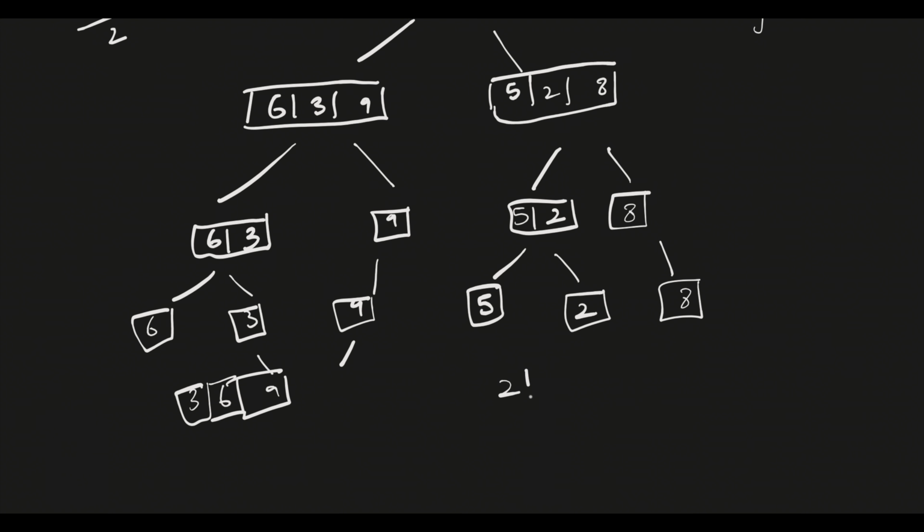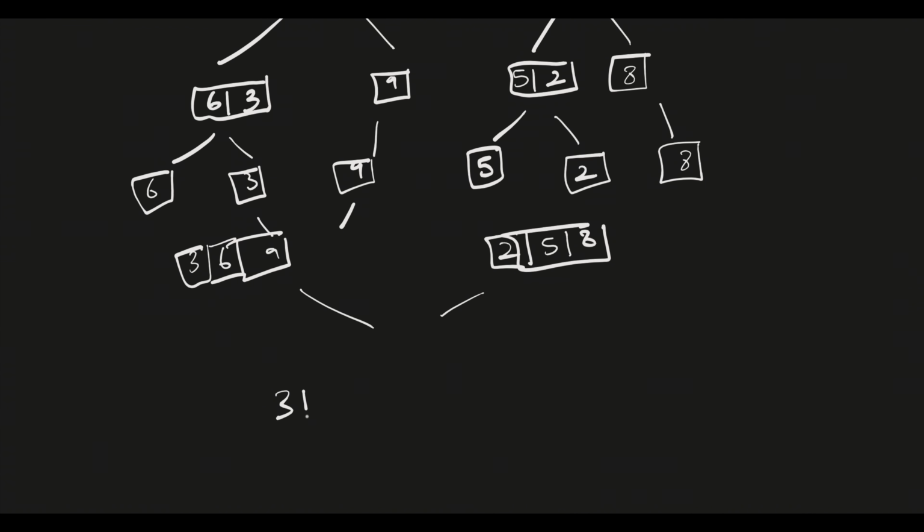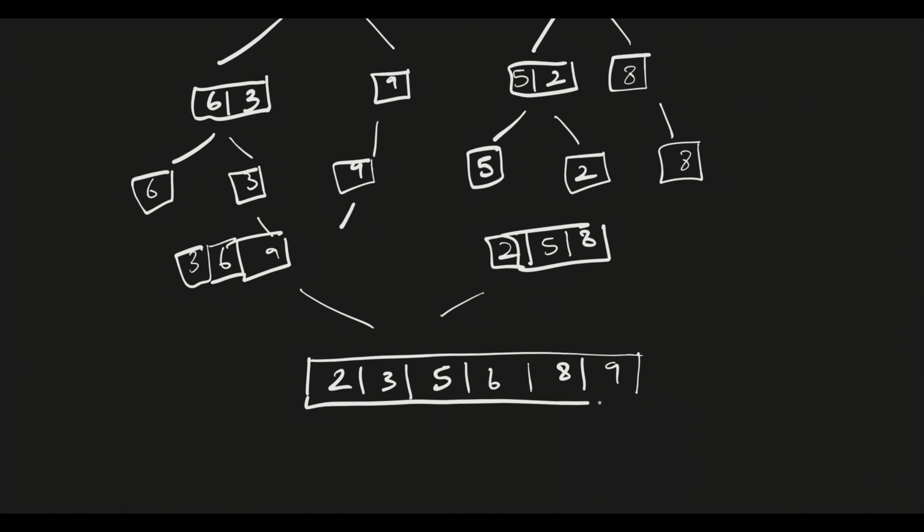Then here 2, 5, 8. Then here 3, 6, 9 and 2, 5, 8: I have 2 as smaller, then 3, then 5, 6, 8, 9. So this will be my array after conquer.